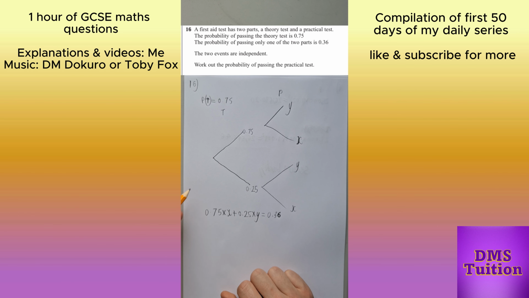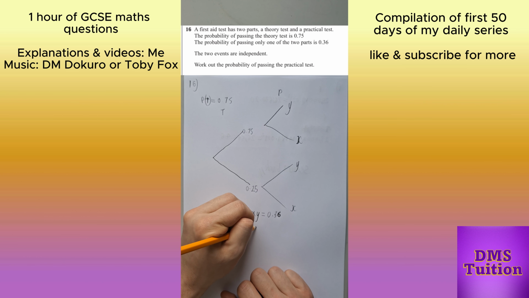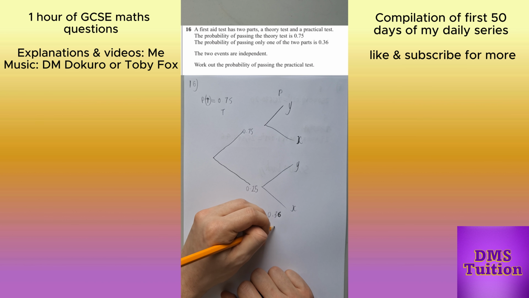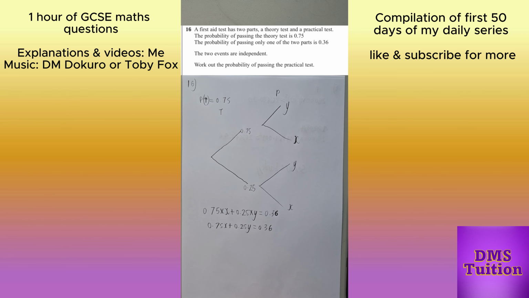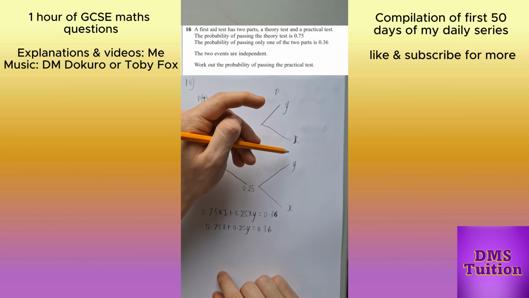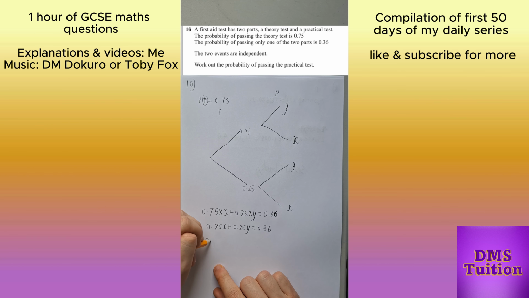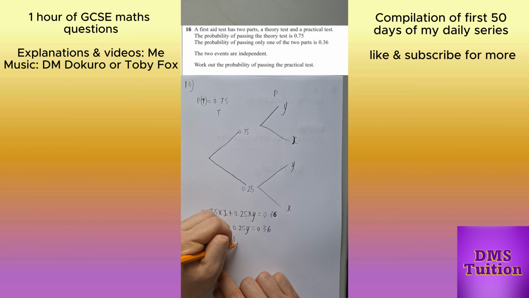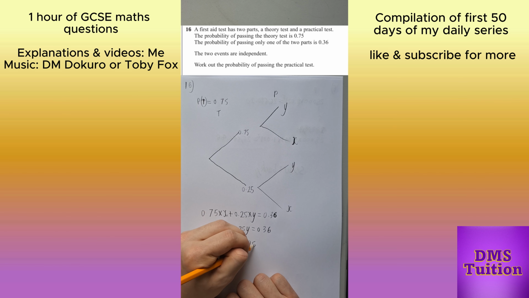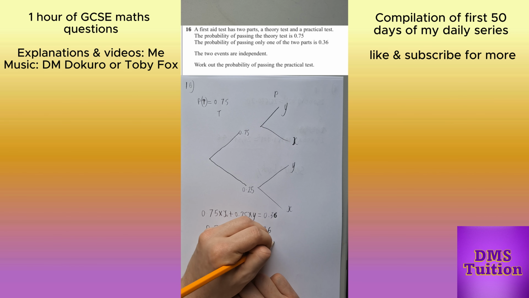Actually, knowing the two events are independent doesn't matter. What matters is that the probability of x is equal to 1 minus y in terms of probability. So 0.75 times 1 minus y plus 0.25y equals 0.36.